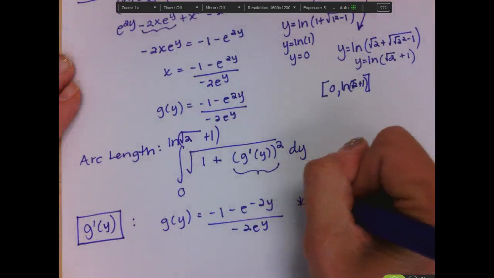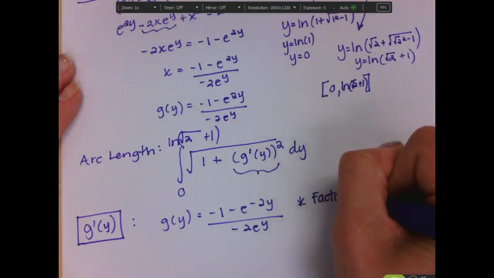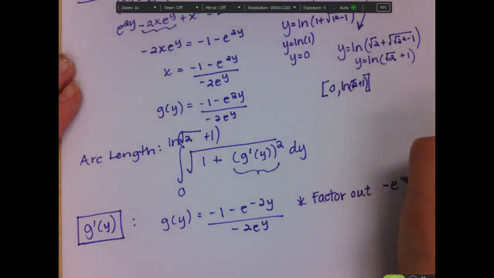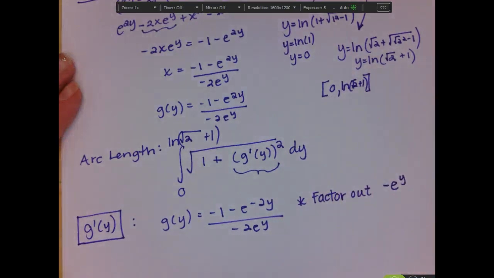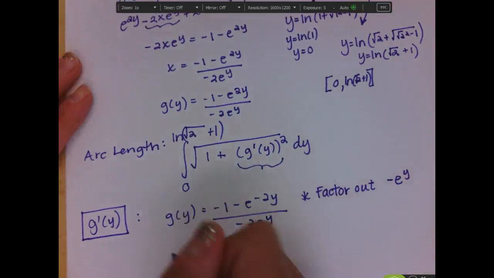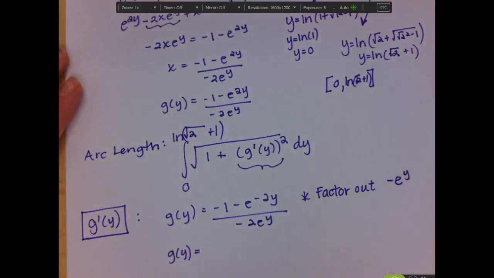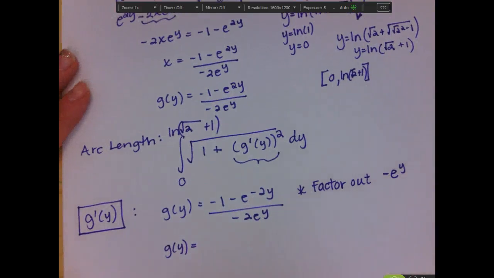So what we're going to do is factor out a negative e to the y from the top expression, and that's going to allow us to cancel this e to the y out of the bottom. So let's see what happens when we do that factoring. Again, I haven't taken a derivative yet. I just want to simplify my original function before I do.